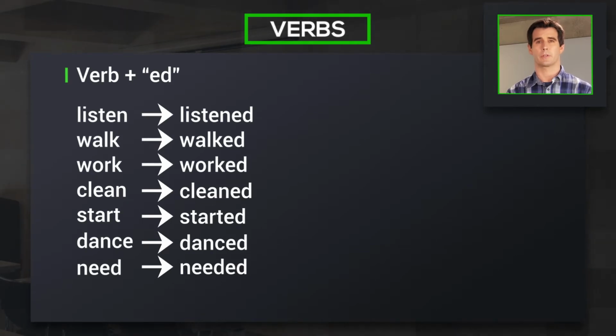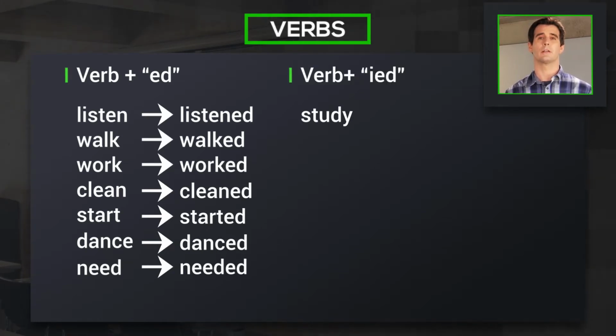Some other verbs are also easy, but a little different. Some verbs that end with the letter Y, like study or cry, we will change the letter Y to the letters IED.